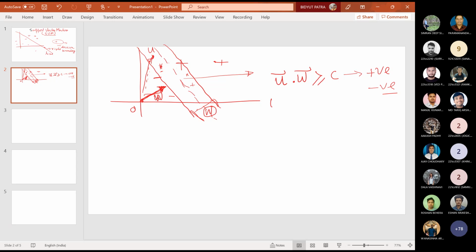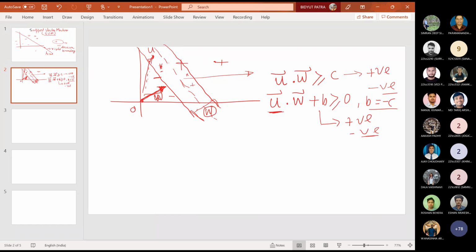So here we can write: u, the unknown sample, dot w, plus b is greater than or equal to 0, where you can write b equal to minus c. If this is the case, then this is a positive sample for the unknown point u, otherwise it is a negative sample for the unknown point u.